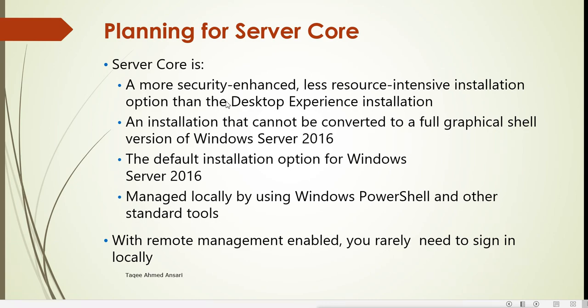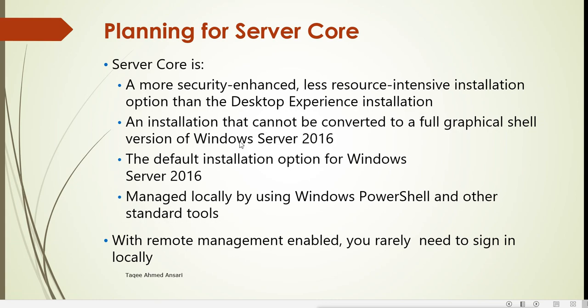Then, Core is an installation that cannot be converted to a full graphical shell version of Windows Server 2016. Once you install it as Core, you cannot convert it back to the graphical version. In the previous version, Windows Server 2012, when we installed Core Server, we could convert it into graphical at any time, and graphical could be converted into Core at any time.